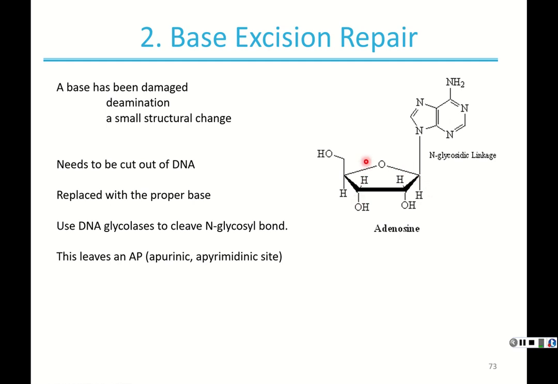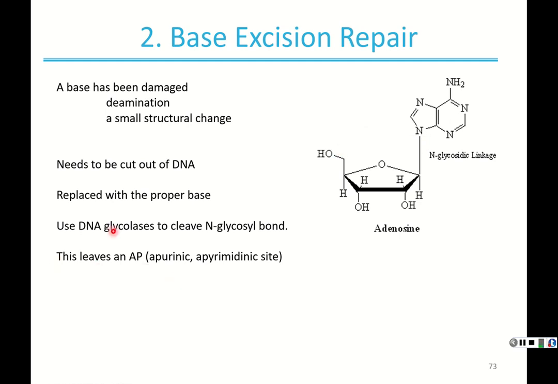So in our DNA bases, we have a sugar, and from that anomeric carbon, that sugar is bonding to a nitrogen group on our base, so that's what's referred to as an N-glycosidic linkage. So that bond between our ribose and our base is cleaved.